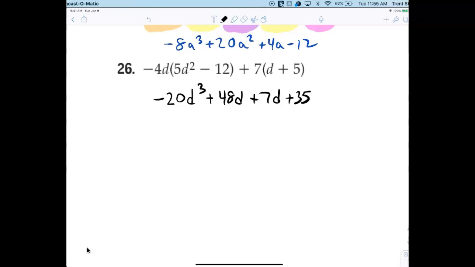So now what? Negative 23 to the third. And then 56 plus 35. Okay, but 48 and 7 today is 55. All right, we're good. All right, here we go.